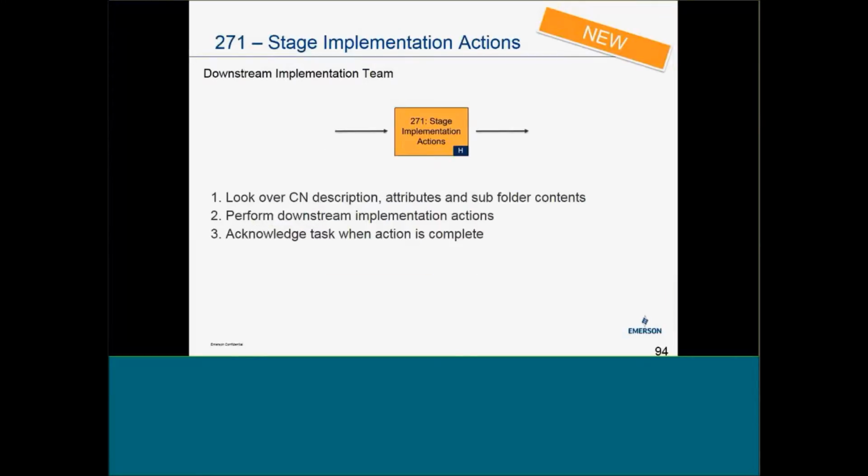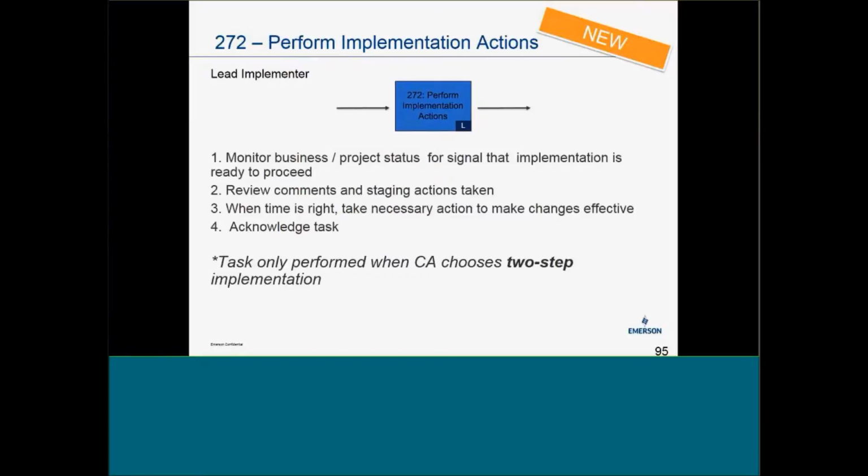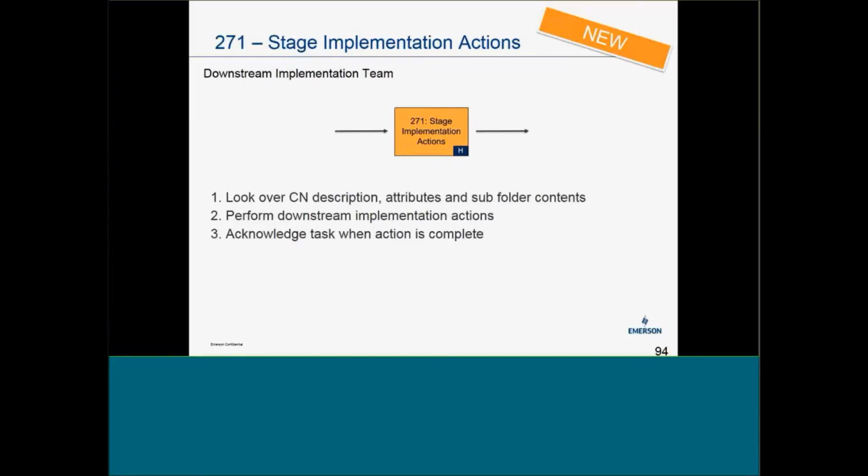The 270 task that's in the current process to do the downstream implementation actions is now split into 271 and 272. If it's a one-step workflow, 271 will be performed and 272 will be skipped. And if it's two-step, then both of them will be performed.